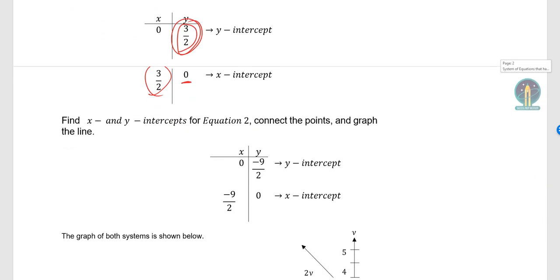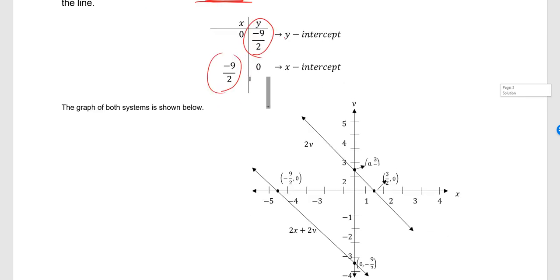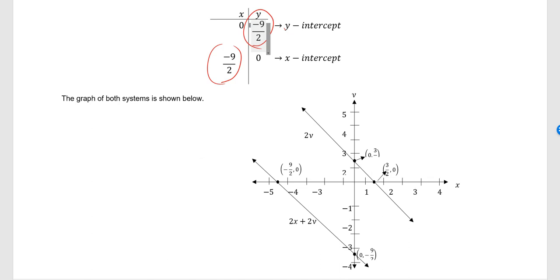We do the same thing for the second equation, equation 2, to get the x and y-intercept. The x-intercept is minus 9 over 2. The y-intercept is also minus 9 over 2. By graphing both of these equations, we get these two lines.